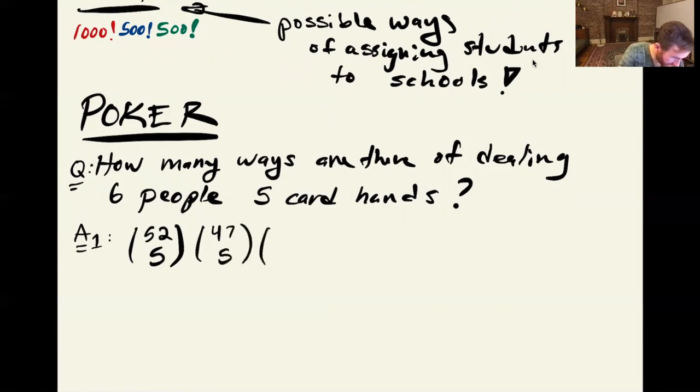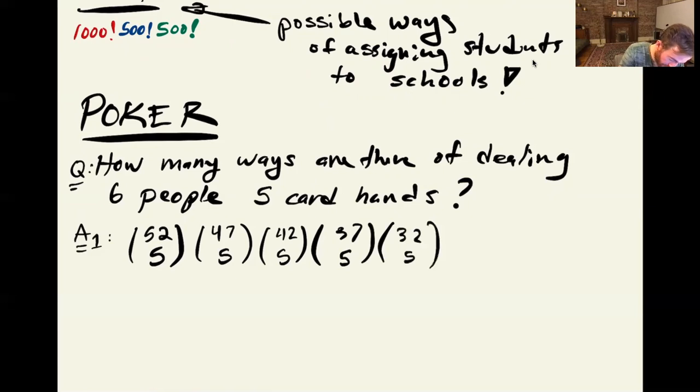And then I've got 42 remaining cards to pick 5 from, and then 37 remaining cards to pick 5 from, and then 32, pick that 5. All right, we're up to 5 people. We need to do our 6th person. It's 27 remaining, so 27 choose 5.